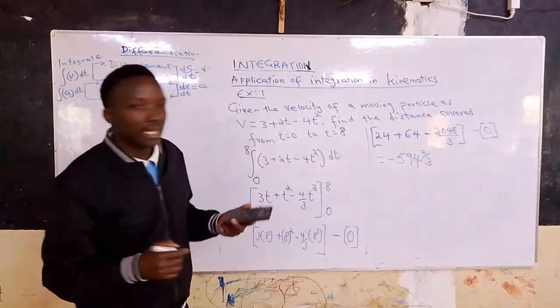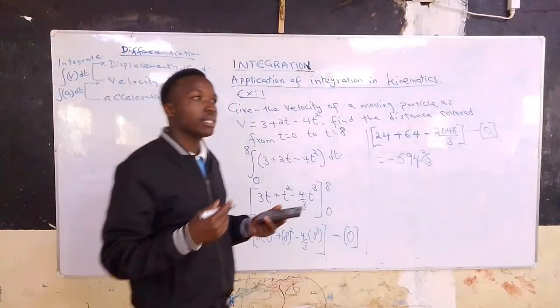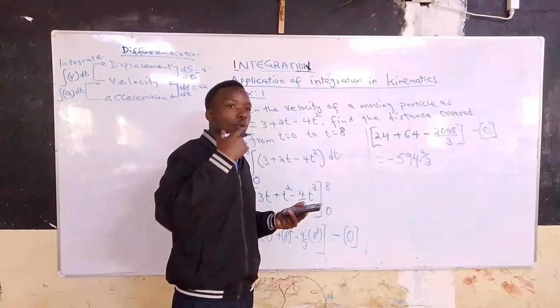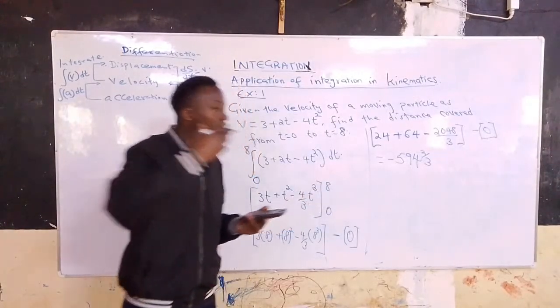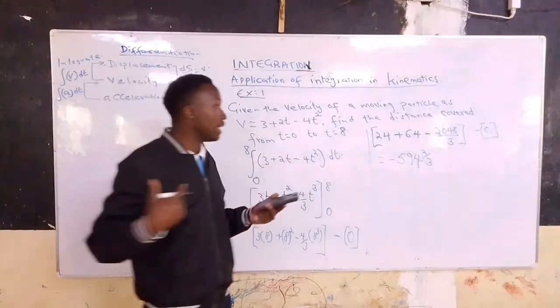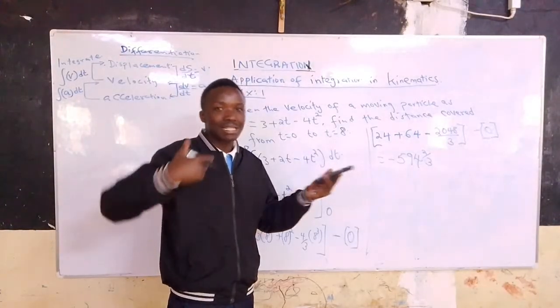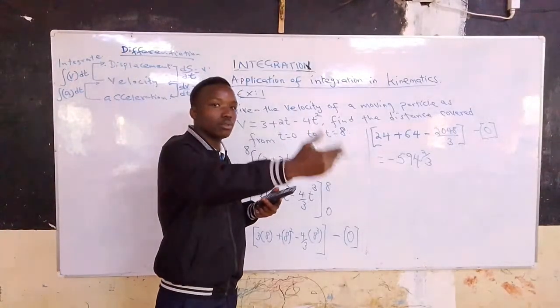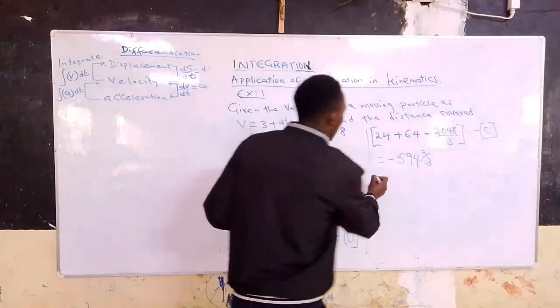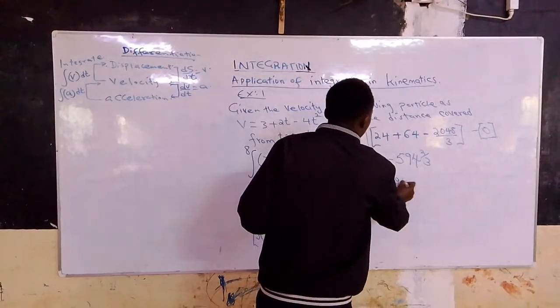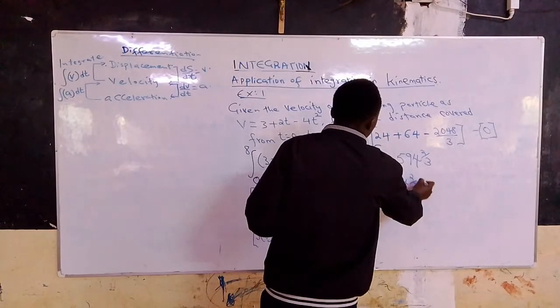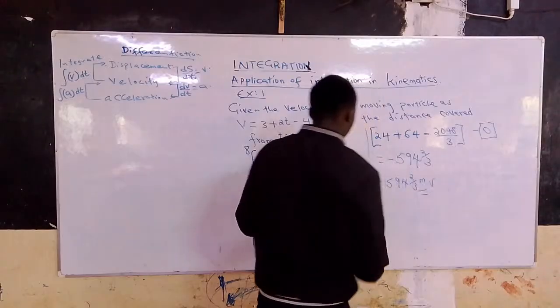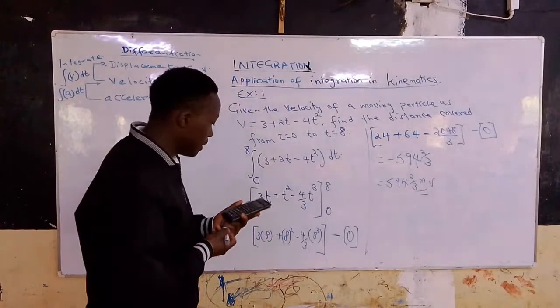Remember, when we get a negative displacement, it simply means that the object was 594 and 2/3 meters behind where it was initially supposed to start. So that is our displacement.